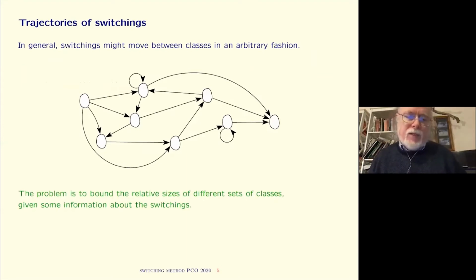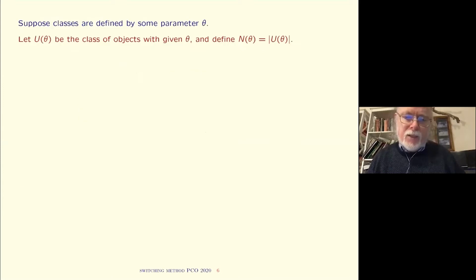So the problem is now to bound the relative sizes of different sets of classes, given some information about the switchings. For example, you might want to know what is the maximum possible value of the number of objects in the right four classes divided by the number of objects in the left four classes, as a function of the parameters of the switching. So what parameters? Let's choose some.